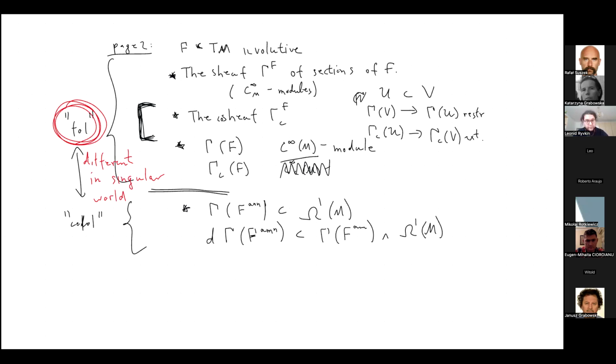Excuse me, yes. What is the smoothness of your generalized distribution? I haven't defined it yet. We were in the regular world until now. But yes, this is where we are going.